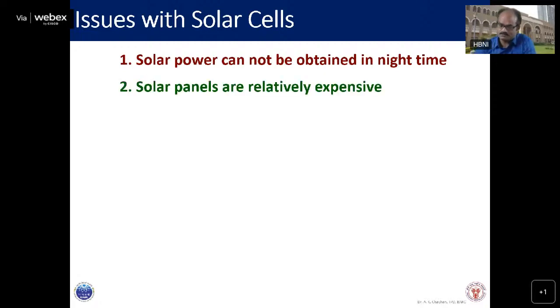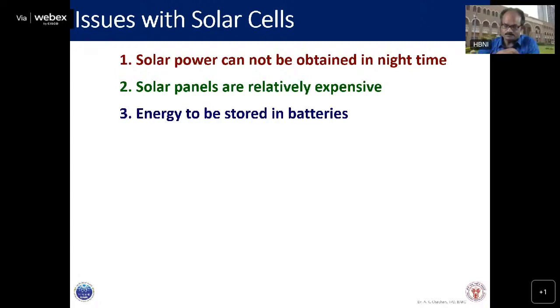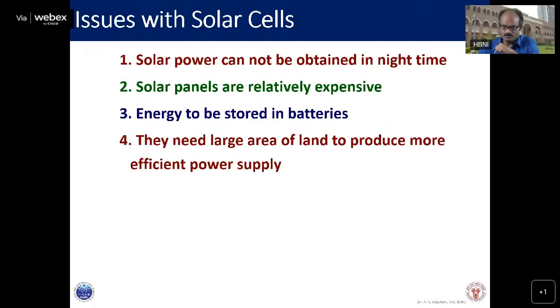So you need extra batteries. And solar panels are relatively expensive. Energy has to be stored in batteries, as I already said, so you need to spend a little bit more, and then this DC has to be converted back into AC.